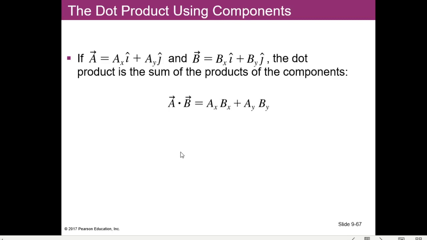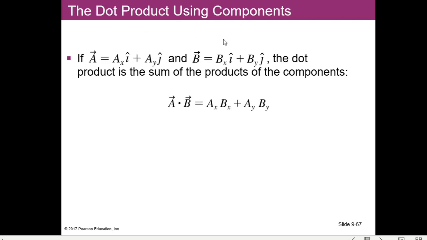And the reason you can do this is that when you write A out in its components like this and B out in its components like this, and then dot this expression into this expression, that's the same as this times this. Well, now it's this times this, plus this times this, plus this times this, plus this times this. But when you dot i into i, that's the component of i along i, well, that's just the number 1.